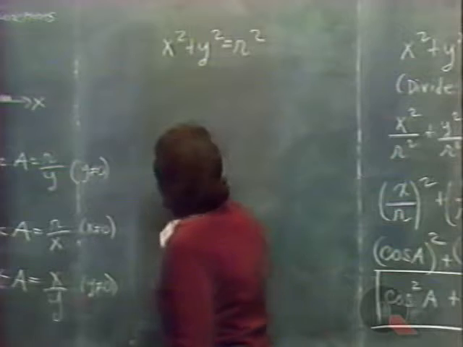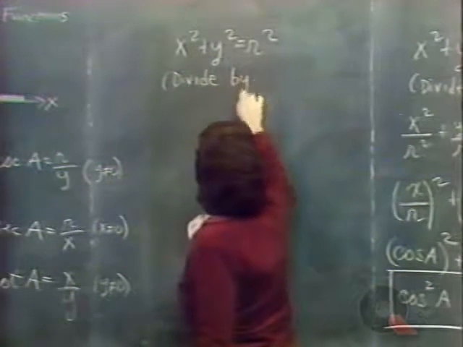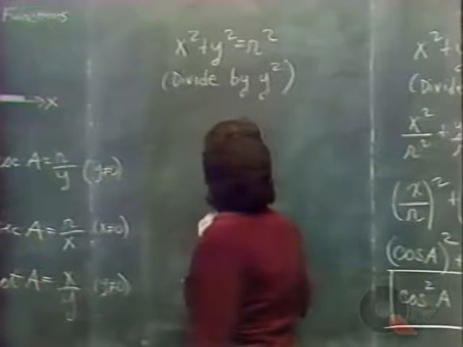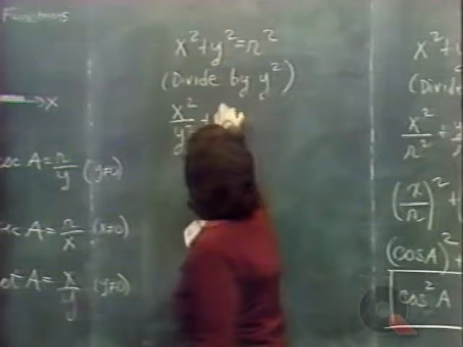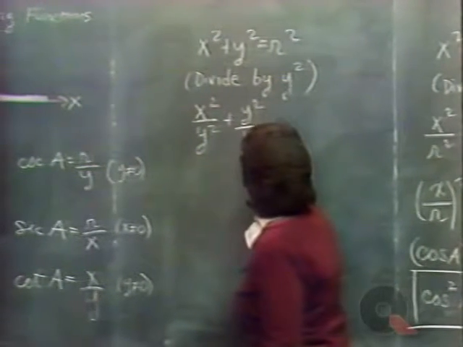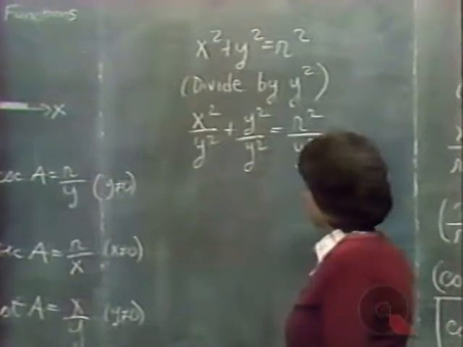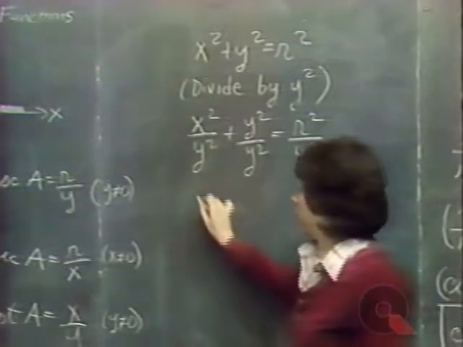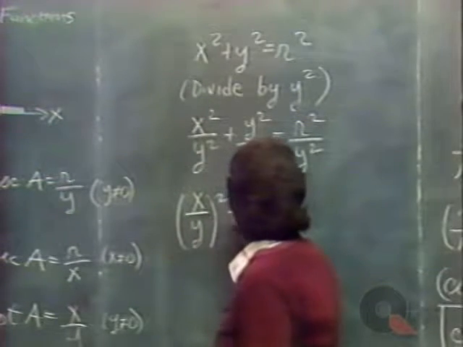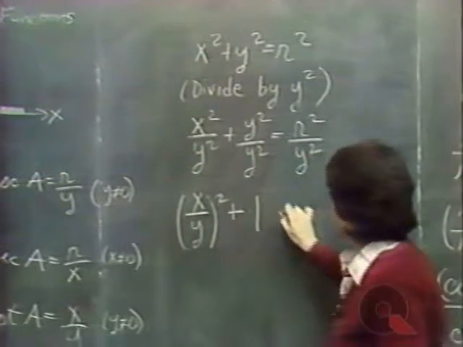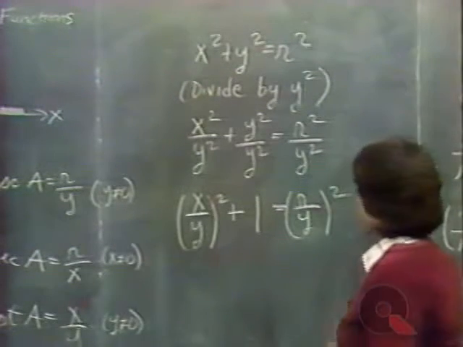We're going to be dividing through, however, by y squared. x squared over y squared plus y squared over y squared equals r squared over y squared. Or (x over y) quantity squared plus 1 equals (r over y) quantity squared.